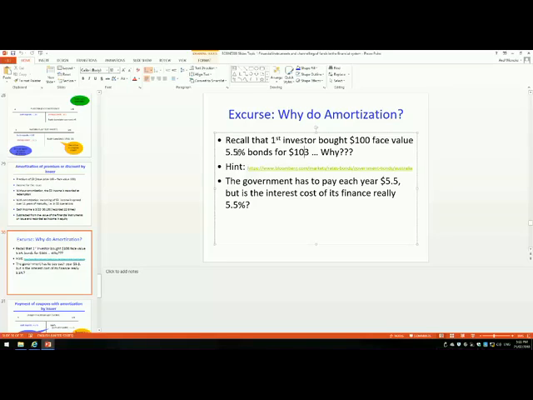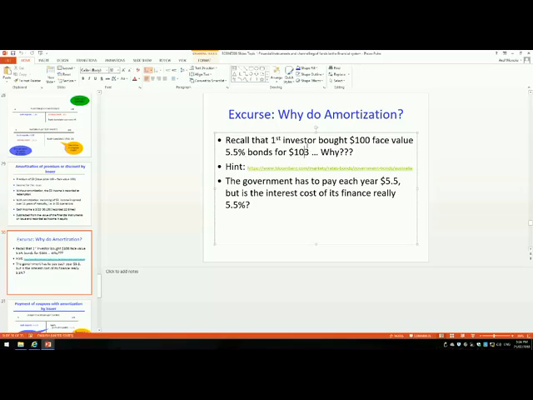And now the question is, how should the government book it that they made profits? And one good reason is to say, well, the interest rate in the market is not 5.5%. The interest rate in the market is 4.5%. So really what you should do is you should book every single year, you have interest rate costs of 4.5%, not 5.5% as a coupon.